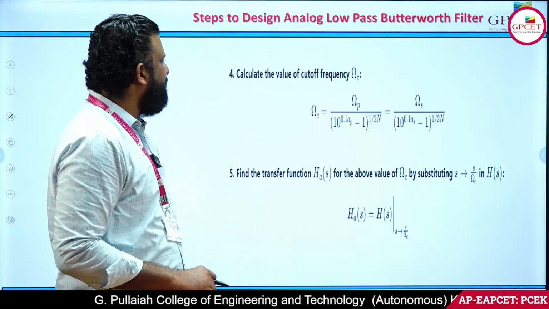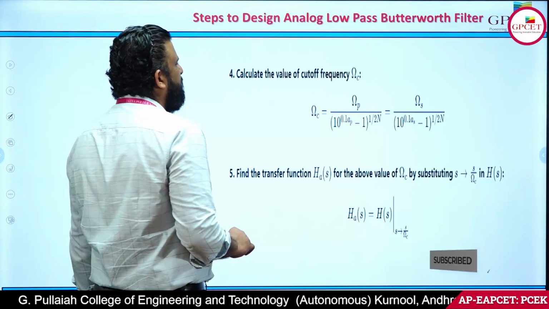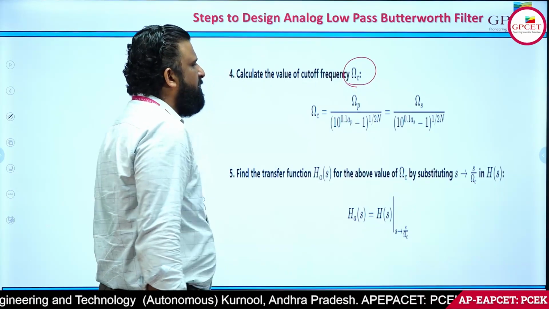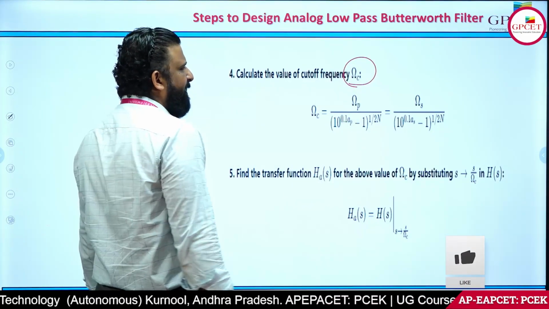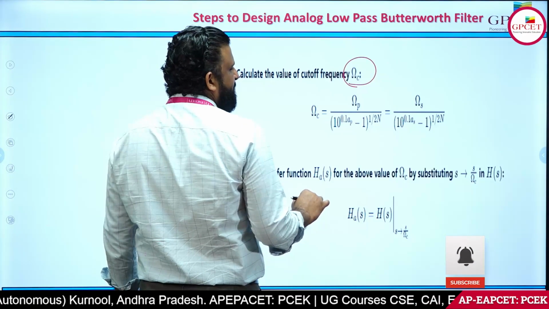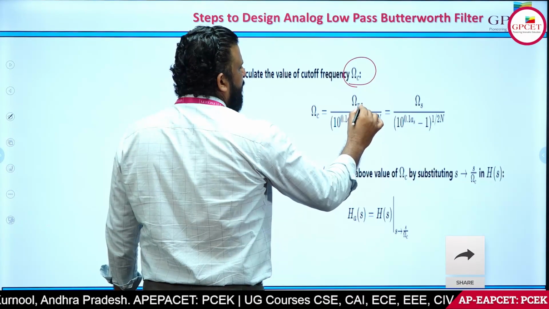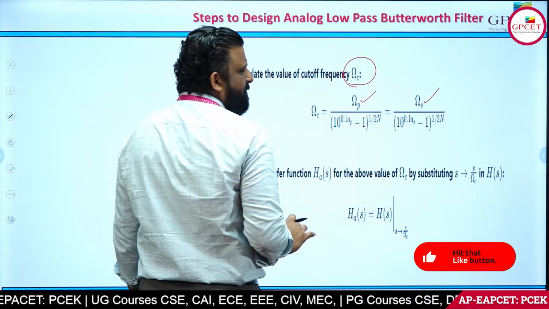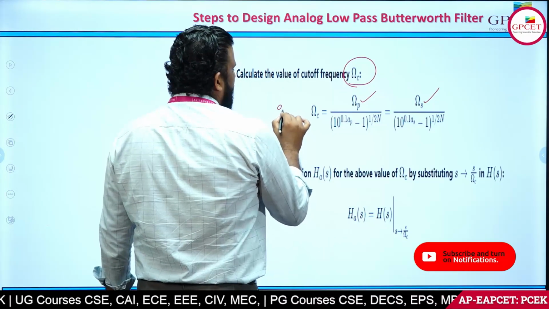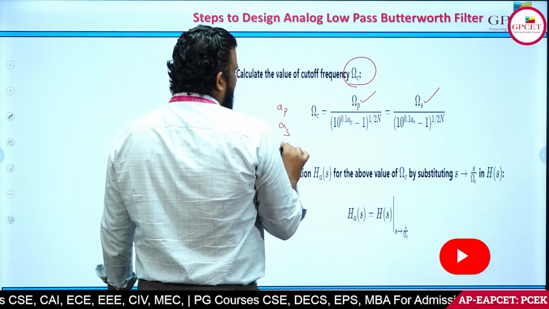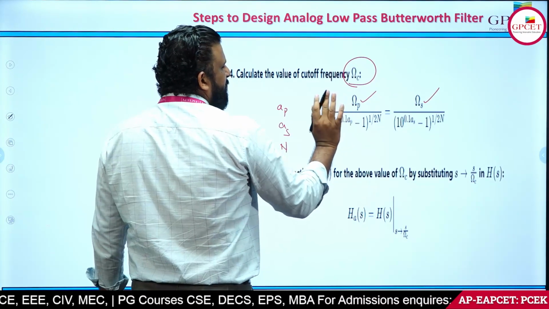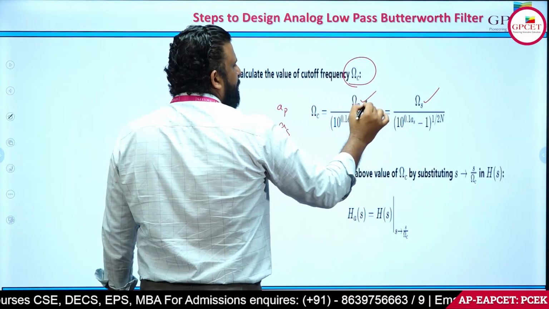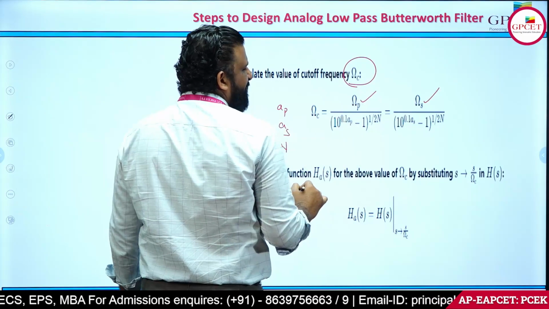Fine. Now, after getting the transfer function, in the fourth step, we need to calculate the value of omega c, the cutoff frequency. For that, also keep in mind, depending upon the specifications, if it is omega p, take this, or if it is omega s, take this. Why? Because you already have Ap, As, and you know the value of capital N. You just need to search in the question whether they have given the passband frequency or the stop band frequency.